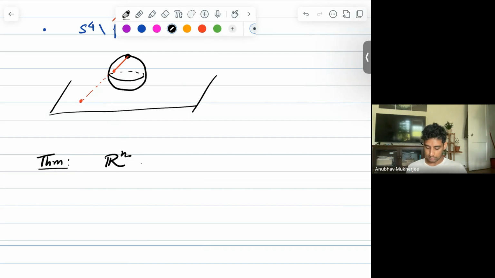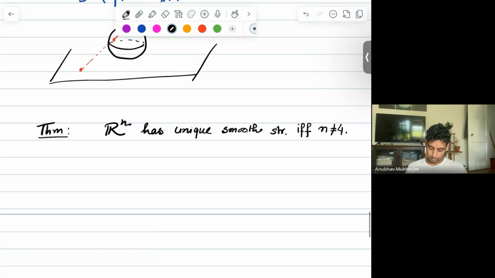So Rn has a unique smooth structure if and only if n is not equal to 4. And R4 has uncountably many smooth structures.